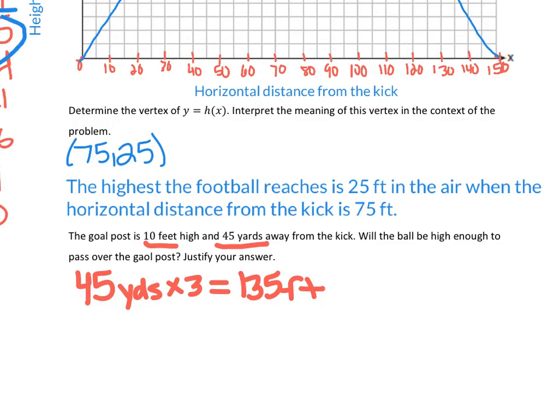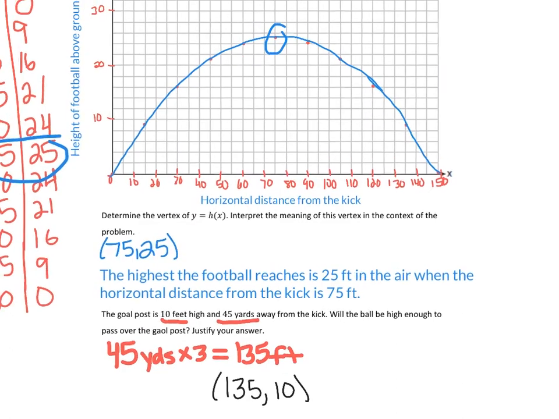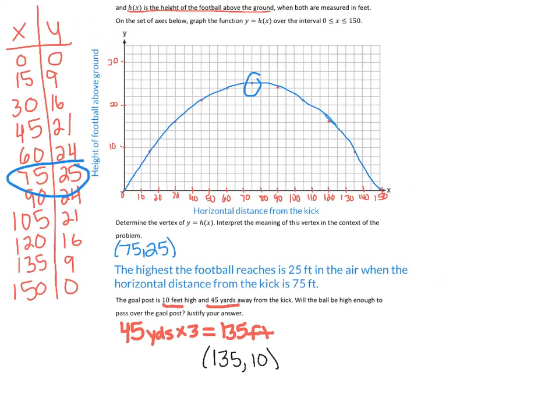Okay. So what that means, 10 feet high and 45 yards away, so we're looking at the point 135, 10. So let's plot that on our graph, 135, 10. 135, 10 is right here in this area.